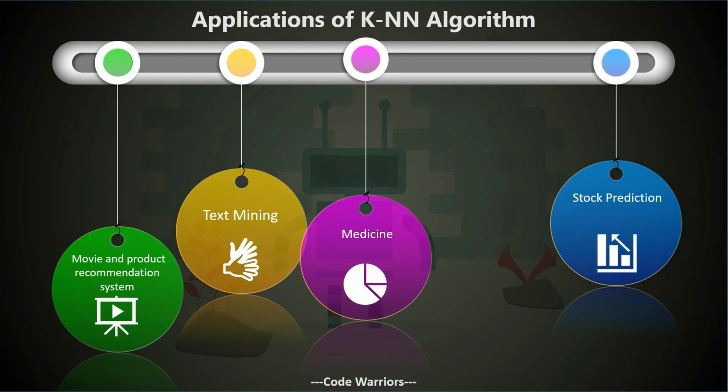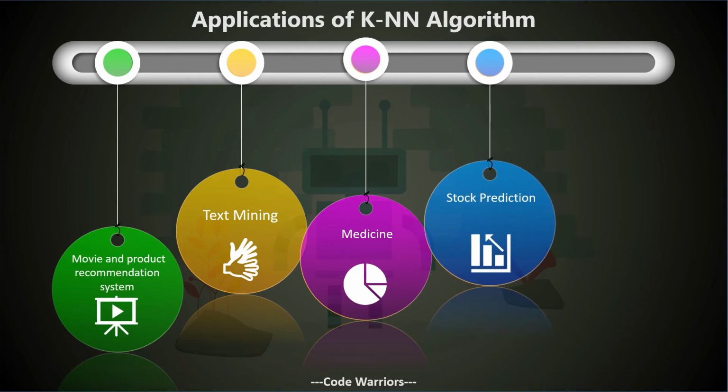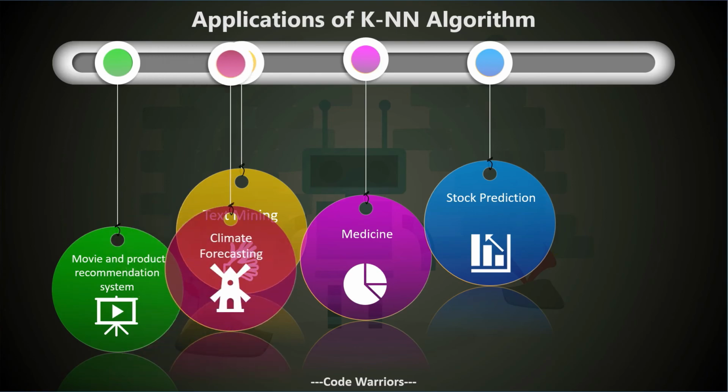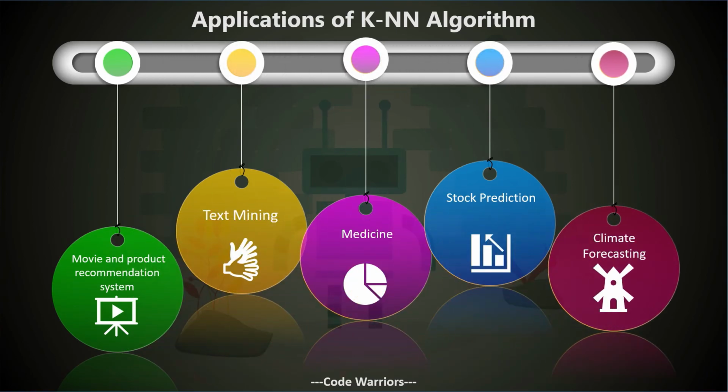Now our fourth application is stock prediction. You are familiar with stock price predictions. It will predict the stock price of the current day on the basis of previous years' data. So here it also works fine. Now the last application is climate forecasting. It's used in many fields, but I am giving an example of agriculture.